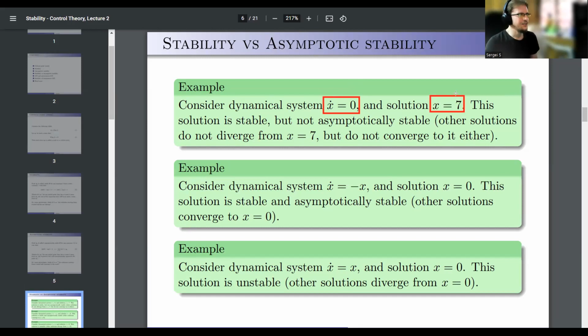Why? How do we check if any x is a solution to an ODE? Differentiate it and substitute it there, and see if it becomes an equality. Indeed, the derivative of 7 is 0, so it is a solution. The solution is stable.